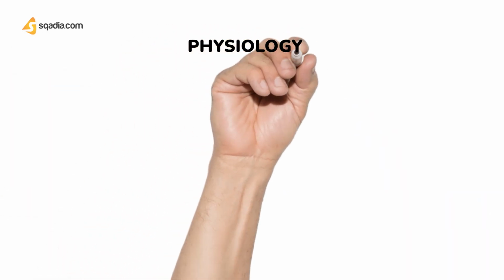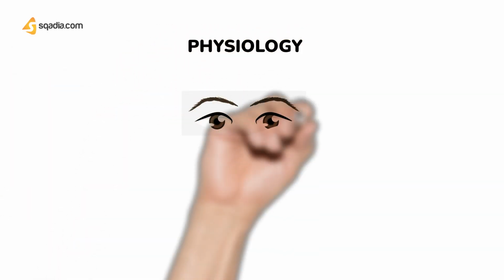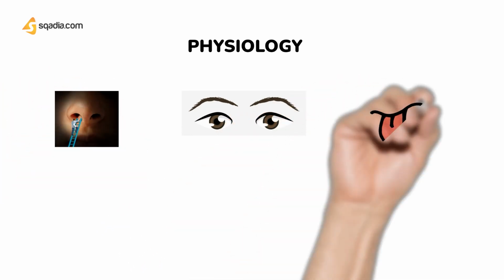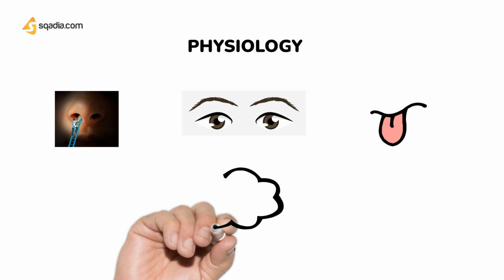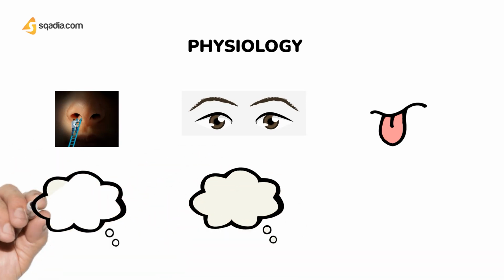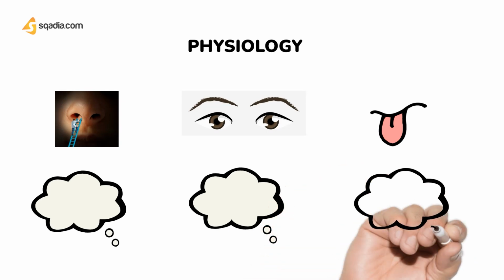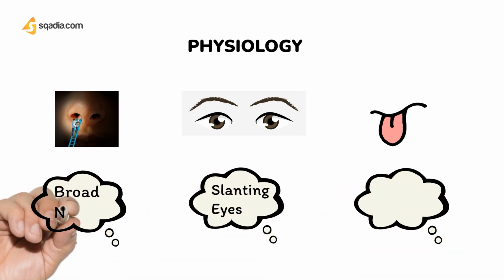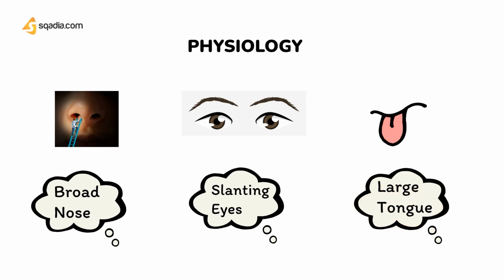Let's look into the physiology of Down syndrome. Down syndrome is a genetic disorder that is caused when abnormal cell division results in an extra full or partial copy of chromosome 21. This extra genetic material causes the developmental changes and physical features of Down syndrome. Some typical facial features of people with Down syndrome include a flat face, a small broad nose, abnormally shaped ears, a large protruding tongue, and upward slanting eyes with small folds of skin in the corner.